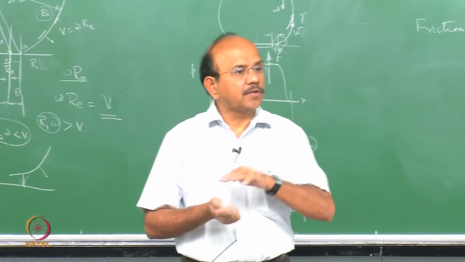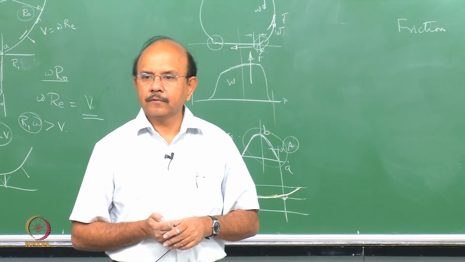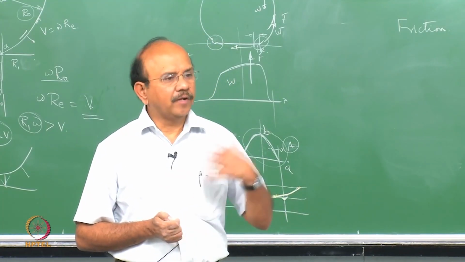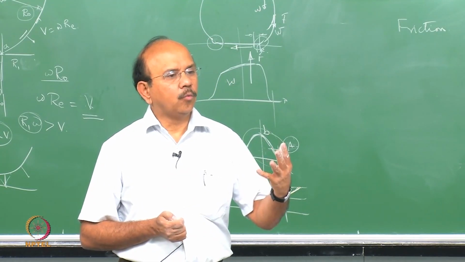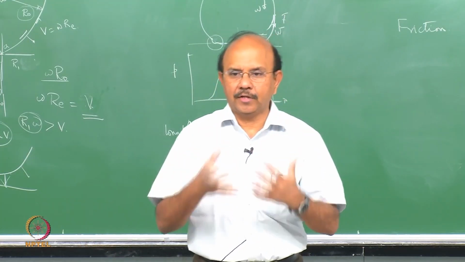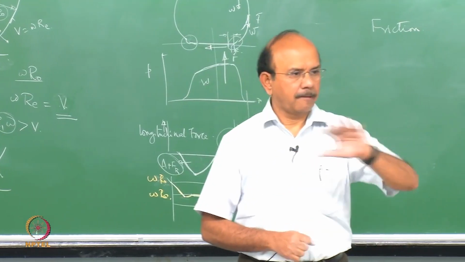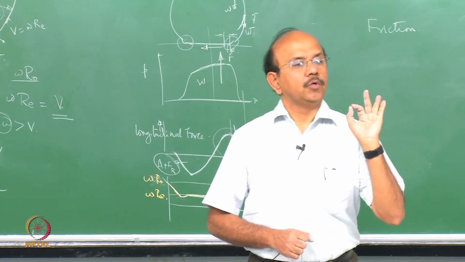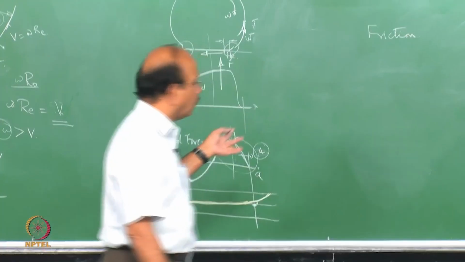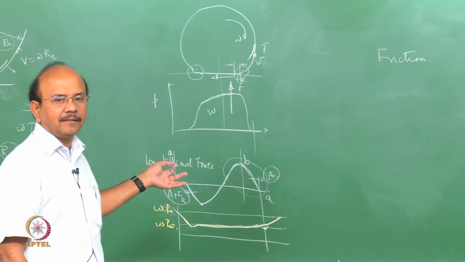And this is not a constant throughout the contact patch. Whenever one exceeds the other, in other words, the tangential force exceeds mu into N, it's going to slip. Understood?